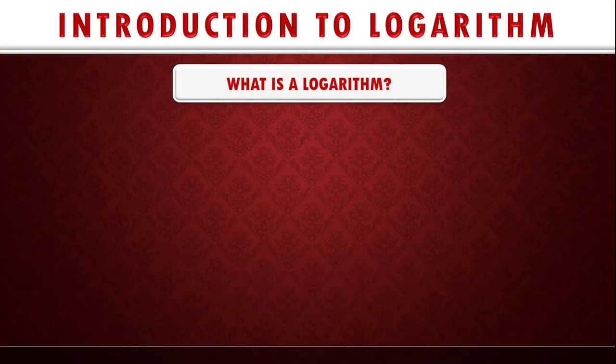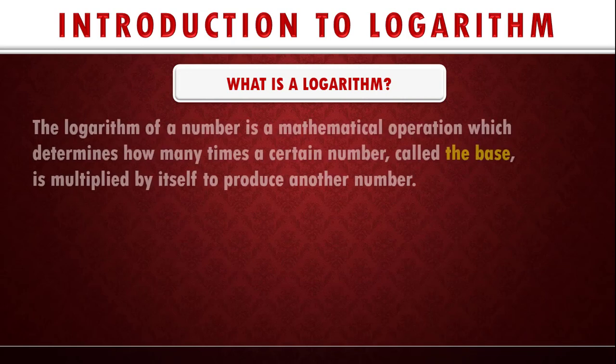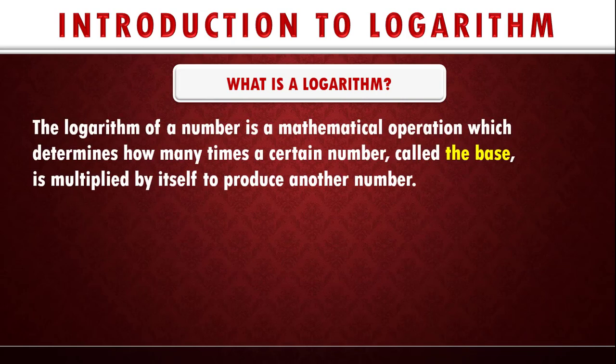What's a logarithm? The logarithm of a number is a mathematical operation which determines how many times a certain number, called the base, is multiplied by itself to produce another number. For instance, we have log 100 in base 10. So 100 is the number we're looking for its log, and this 10 is called the base.